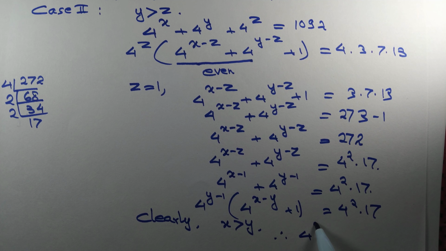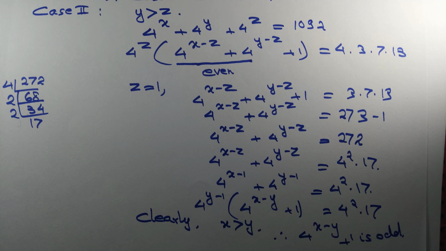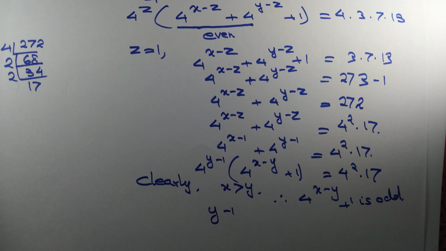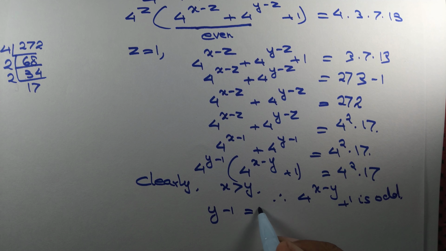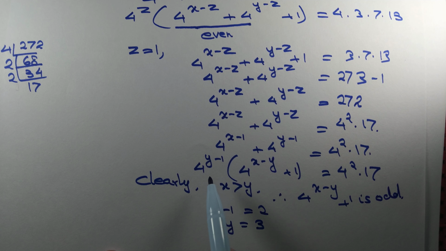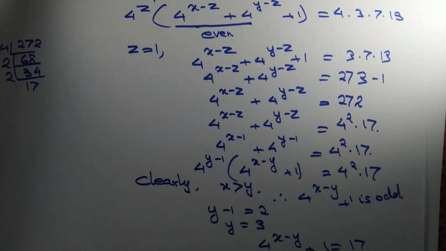Therefore, 4^(x-y) + 1 is odd. Now, if it is odd, then we must have 4^(y-1) equal to 4 squared. So y minus 1 equals 2, so y equals 3. Now, let's put y equal to 3 here. We obtain 4^(x-y) + 1 equal to 17.